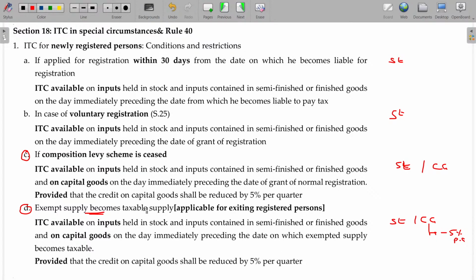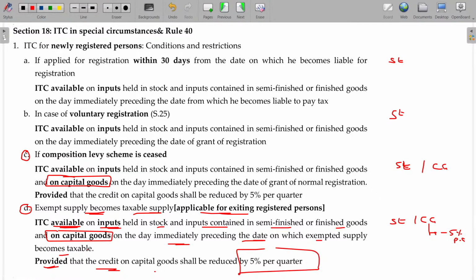So exempt supply becoming taxable supply is applicable for an existing registered person. ITC is available on inputs held in stock and inputs contained in semi-finished or finished goods and on capital goods, which will not be available in the earlier two cases, on the date immediately preceding the date on which exempted supply becomes taxable, provided the credit on capital goods shall be reduced by 5% per quarter. So these two are the same and these two are the same.